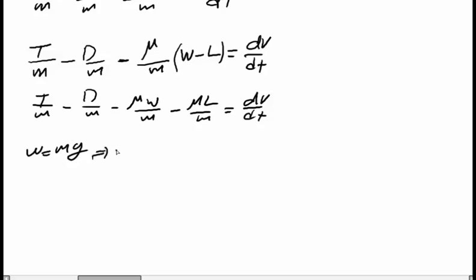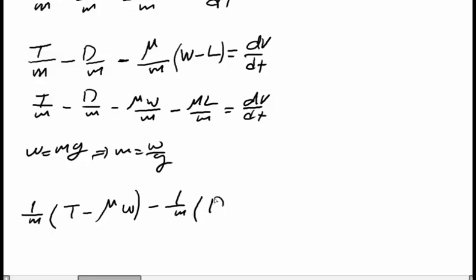So from here we have m equal to W over g, and we substitute back here, so we get 1 over m (T minus mu W) minus 1 over m (drag minus mu times lift force) will be equal to dV/dt.